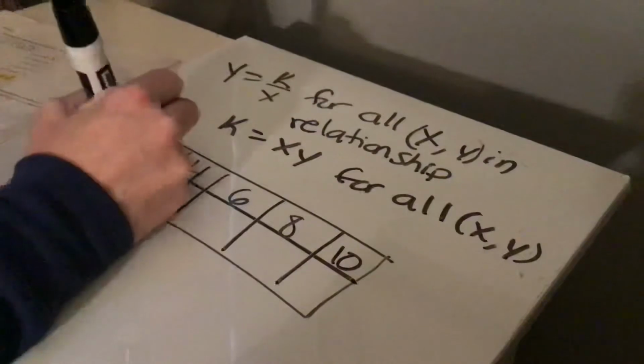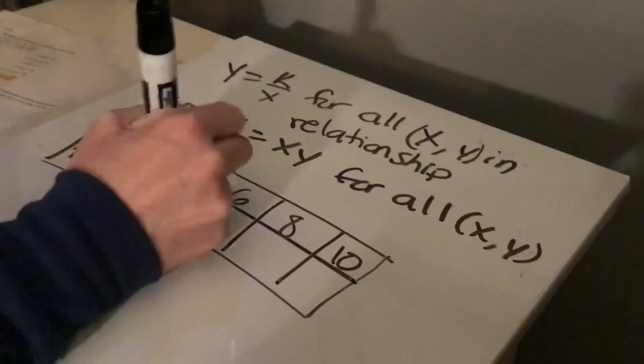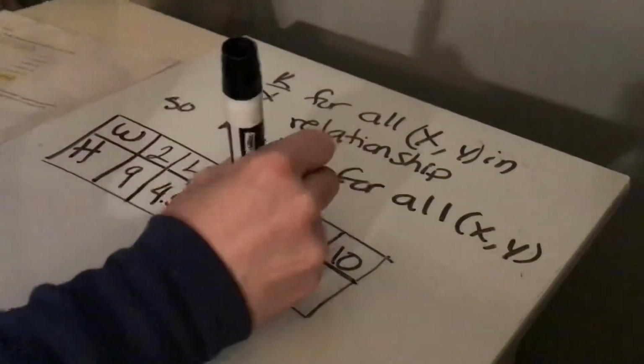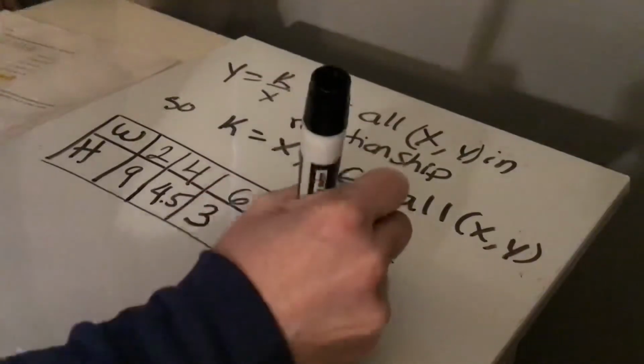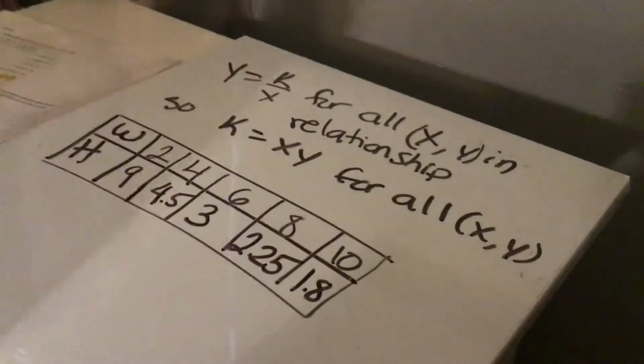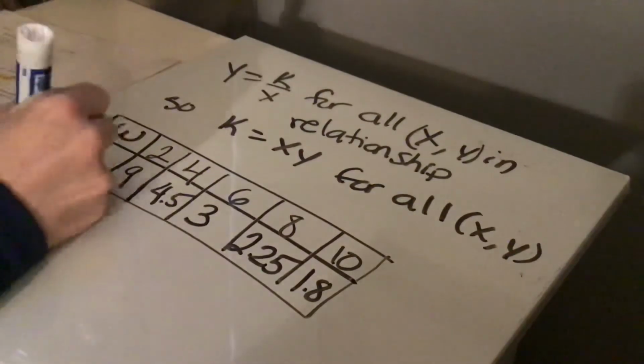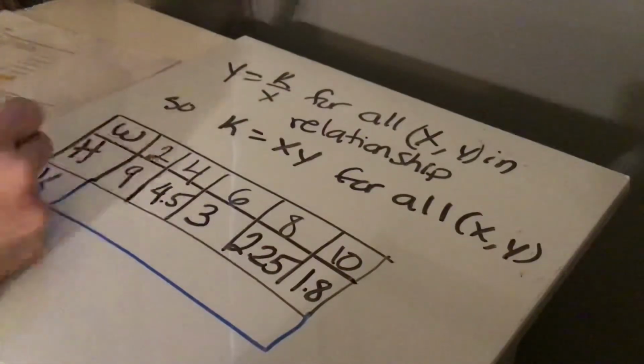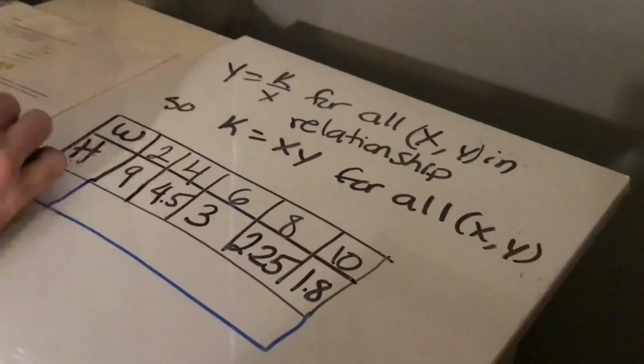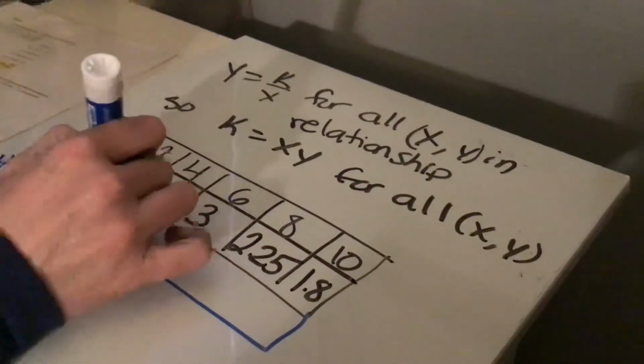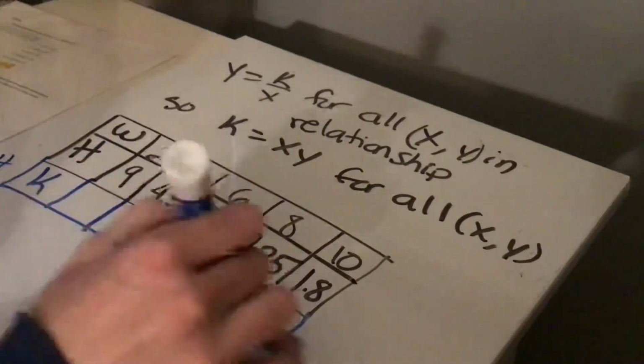I'll add in one more row for k, because for an inverse relationship, we need k. And we're going to do w times h for all of these points.